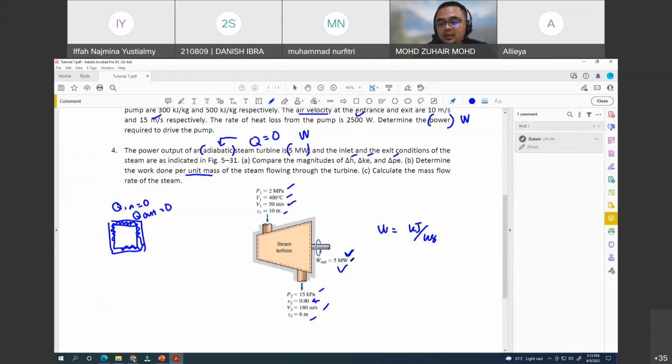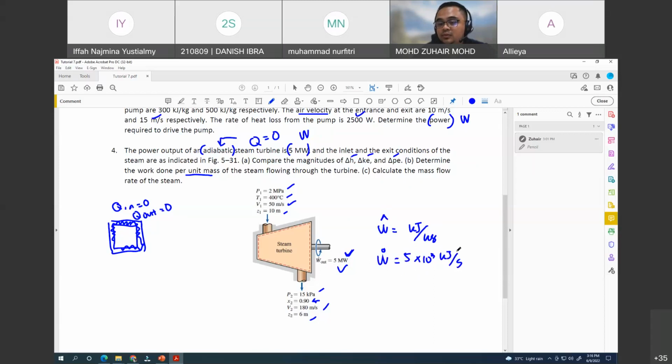This is specific, and this is in rate. 5 megawatt is equal to berapa tadi? Kilojoule per second. Okay.